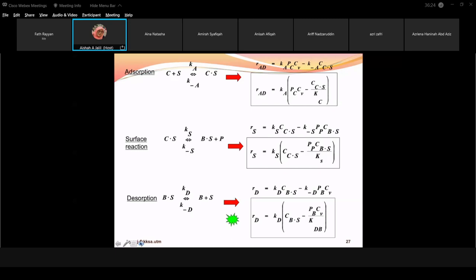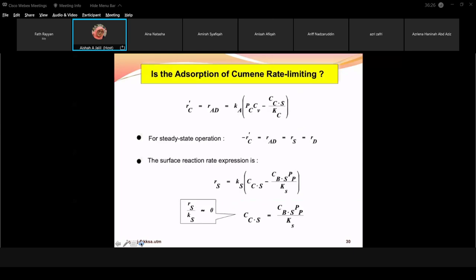Okay, so for the cumene reaction, first one, we try the adsorption as a rate limiting step, so you have to write the rate law like this, and then you have this for the surface reaction.